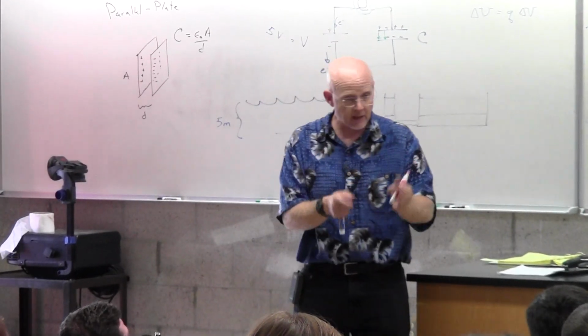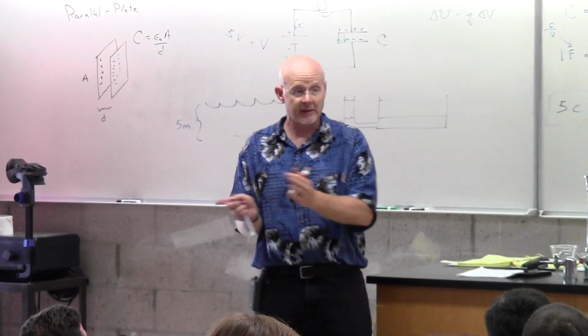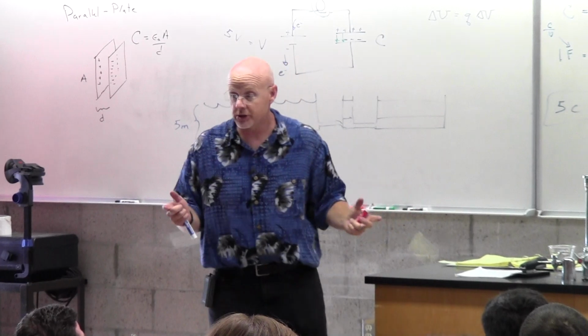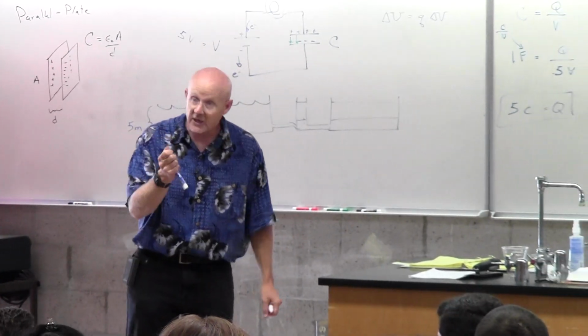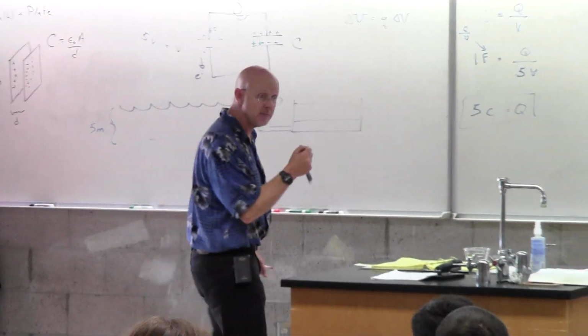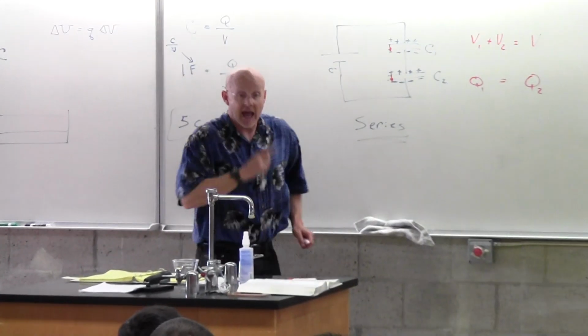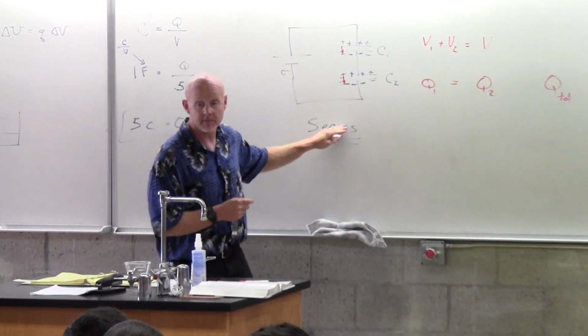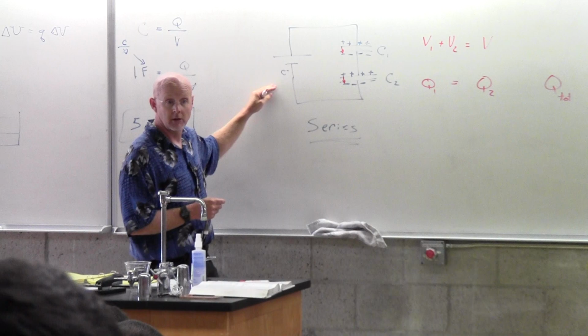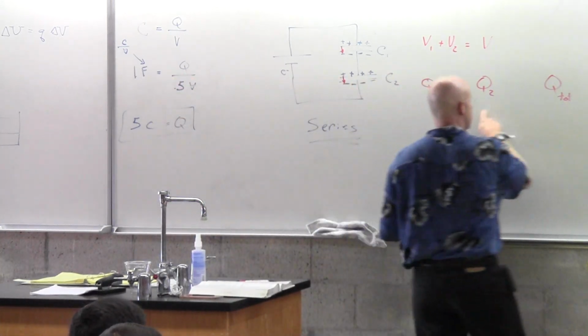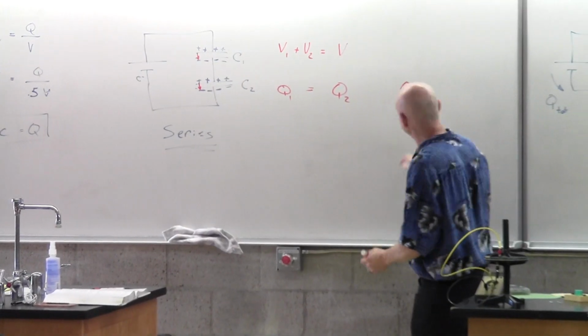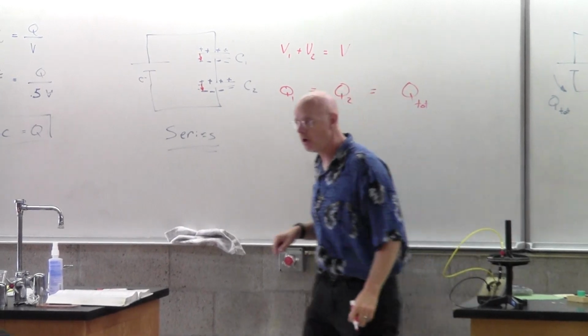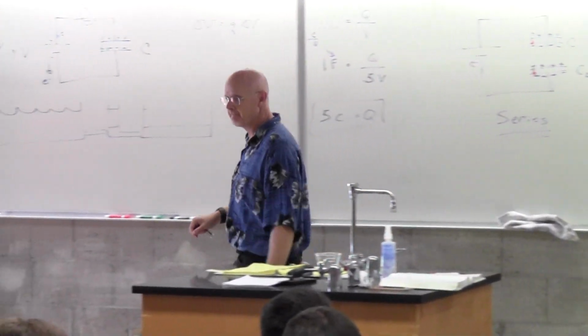You got one resistor, you got another. If you got a certain number of amps in one, doesn't it have to be the same? There's no place else for those charges to go. That's a conservation of charge statement. It's got to be the same. And in fact, where did the charge on number 2 even come from? From the battery. So how does this compare to the charge on the battery? It's got to be equal. Conservation of charge. Right?